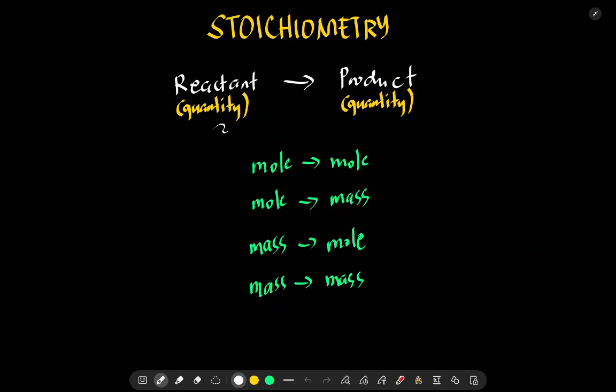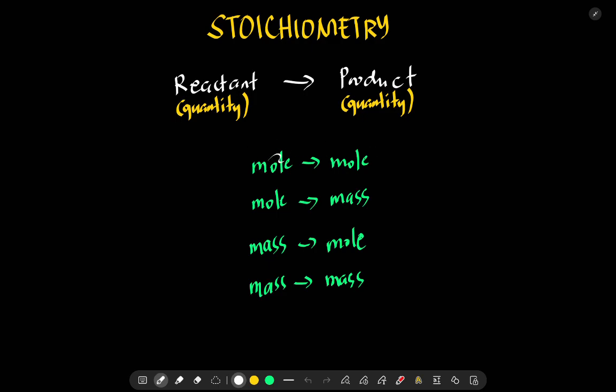Stoichiometry is the expression of the quantitative relationship, or the determination of the quantitative relationship, between the reactant and the product, or reactants to reactants. So meron tayong apat na quantitative relationship.